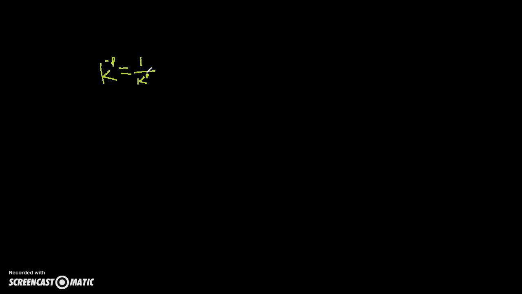That should make sense because if you multiply k to the negative p times k to the p, those would cancel out and it would equal 1. That would also equal 1 over k to the p times k to the p. Those would cancel out and they equal 1. So that's kind of how it works.